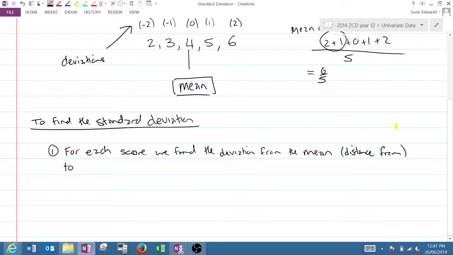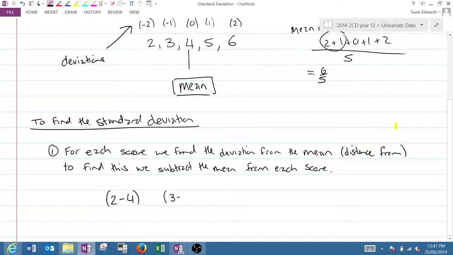To find this, we subtract the mean from each score. So for the first score, you've got 2. If I take away the mean, I've got the deviation, which is -2.